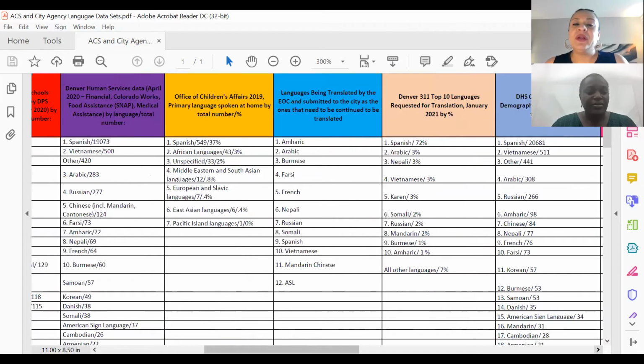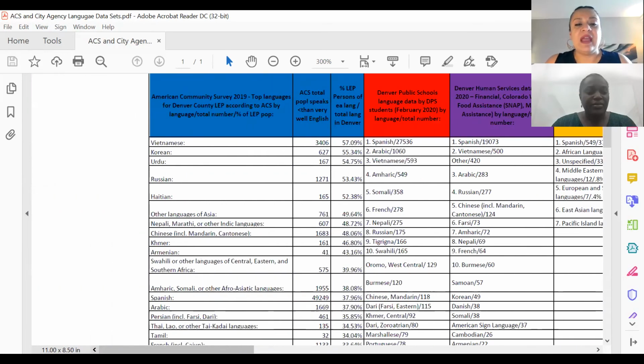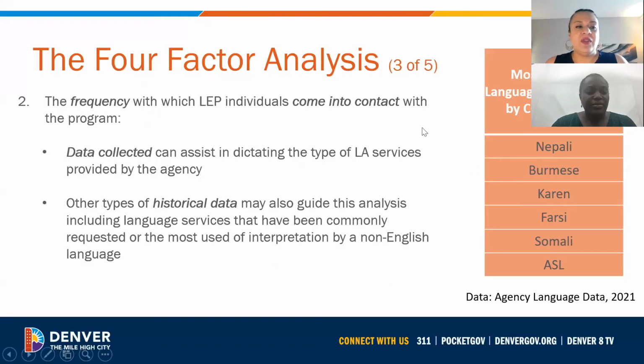And again, we just queried a bunch of agencies that deal with the public and asked them what frequency the languages are that they come into contact with. And that's how we were able to determine which languages are mostly encountered. So those are the ones that you see on the right side.